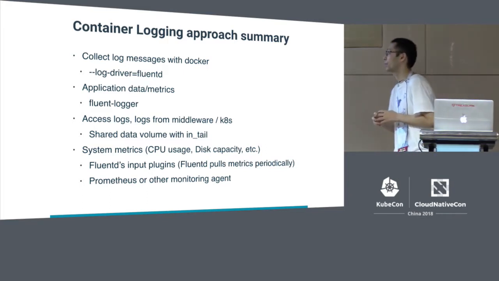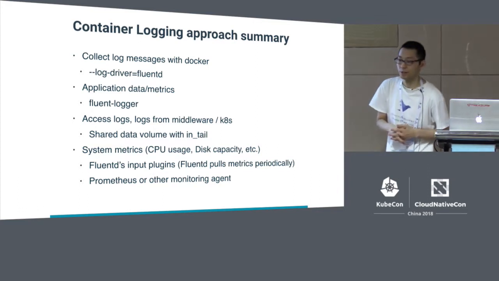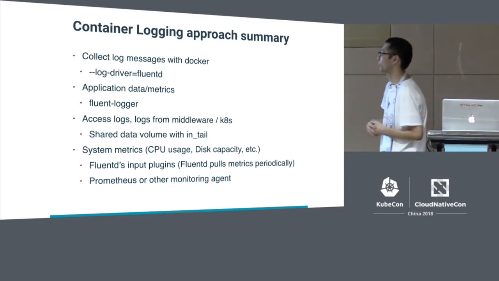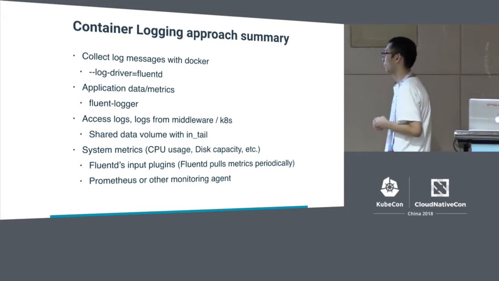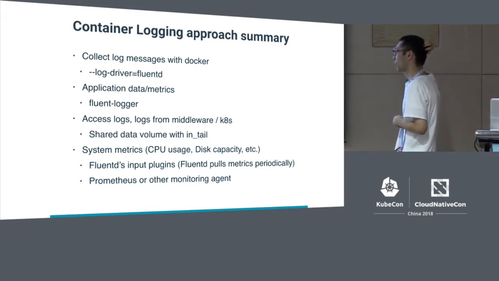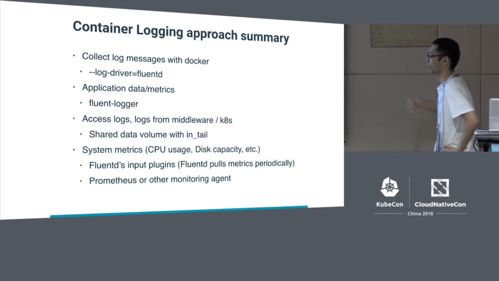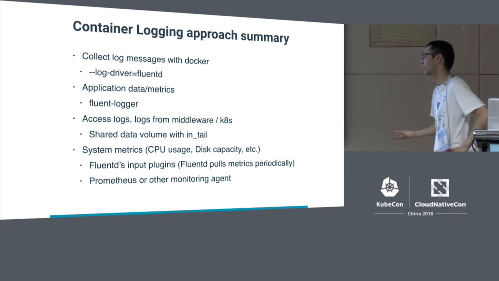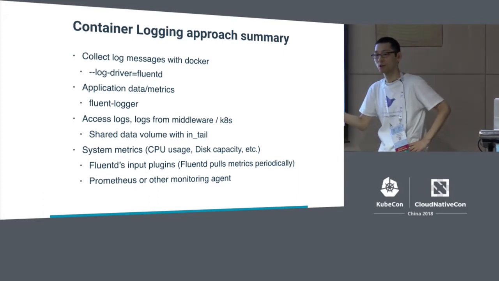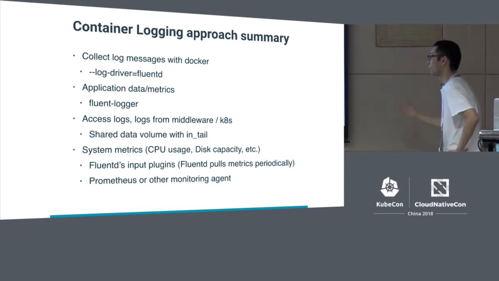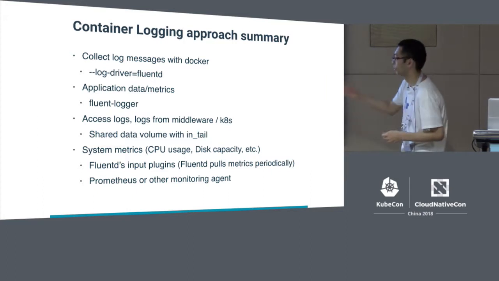And if you use middlewares or Kubernetes, you can use the tail plugin to collect the data from the local file system. System metrics means CPU usage or resource monitoring. Fluentd can collect this data with input plugins, but I think Prometheus or another monitoring agent, for example the Datadog agent, is better, because these agents focus on system metrics.